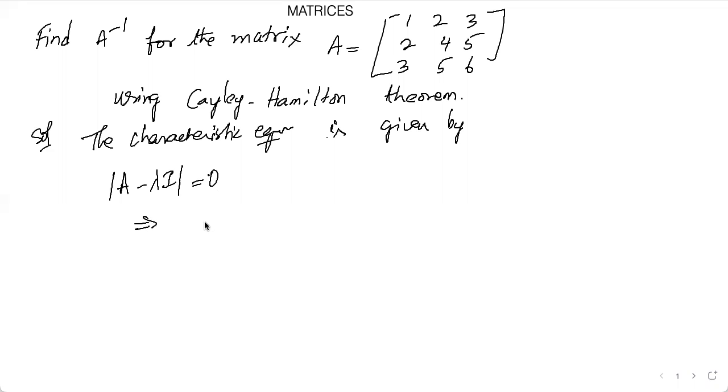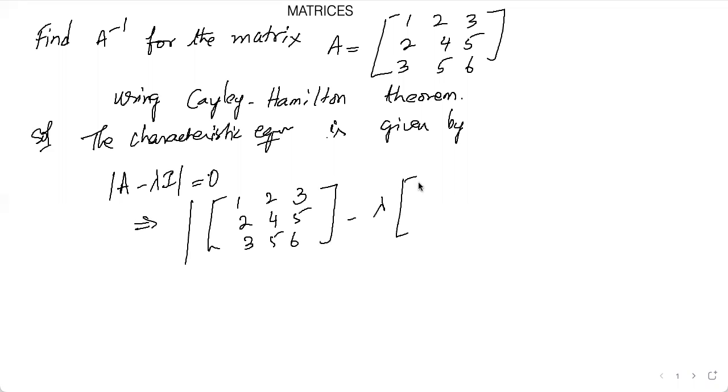Here A is 1, 2, 3, 2, 4, 5, and 3, 5, 6, minus lambda times I, which is 1, 0, 0, 0, 1, 0, 0, 0, 1, which is equal to 0.